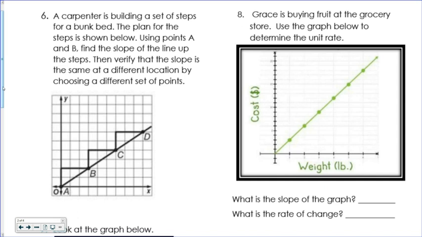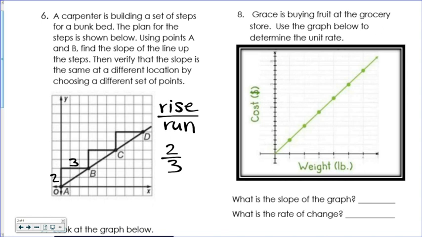The rise here is 2. Our run is 3. So again, rise over run. The rise is 2. Run is 3. So it's 2/3. Slope of 2/3. It says pick any other points. We can use any of the triangles that were already given to you, or you can pick any 2 that you would like.